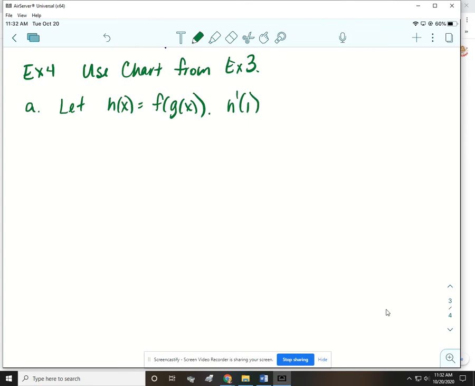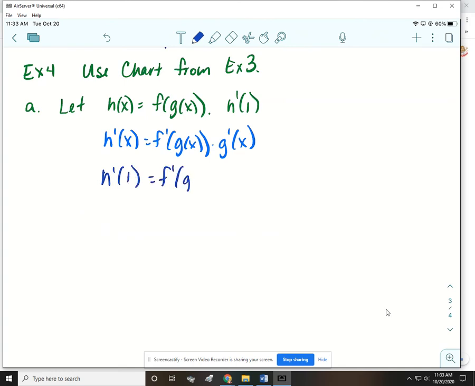Okay, so just like before, we're going to go ahead and just write the chain rule to find h prime of x. All right, writing that will most likely get you a point if this was a free response question. And then we would want to go back. This time we have 1. Okay.